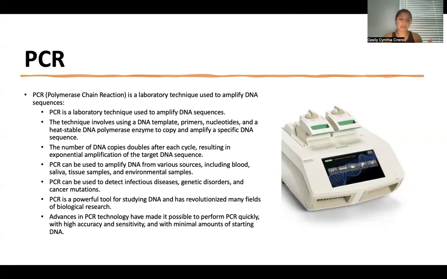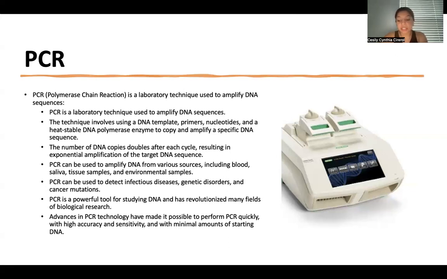Basically, we would put the DNA into this machine using different primers, nucleotides, and different polymerase enzymes to amplify the DNA. Then from there, we try to do another PCR from that to see if we can optimize the amount of DNA that we can get.